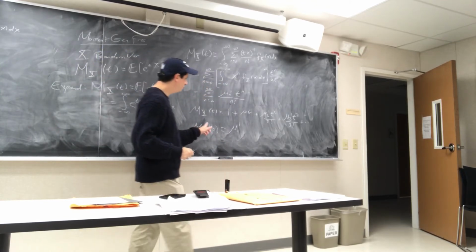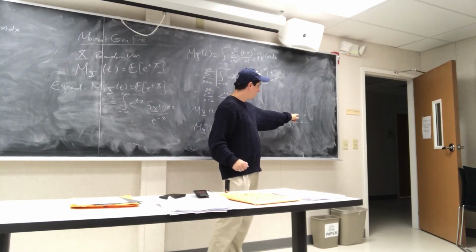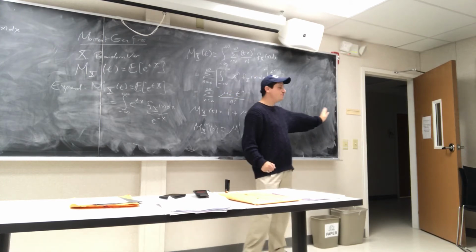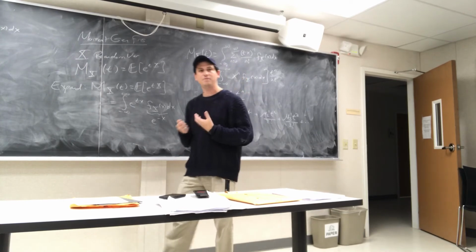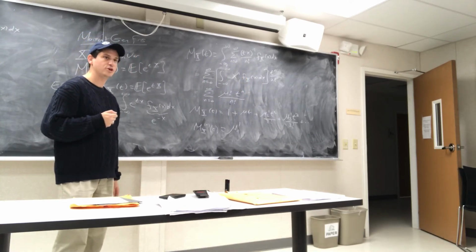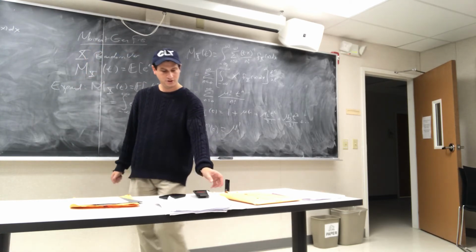If we take the third derivative, this is washed away, this is washed away, this is washed away, we get a 3 factorial, which cancels the 3 factorial. And then everything from here onward is at least a t to the 4th, t to the 5th, t to the 6th. They'll all have a power of t left. So this allows us to calculate moments very quickly. If you know the moment generating function, you just have to do these derivatives.